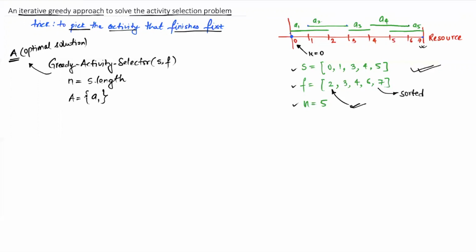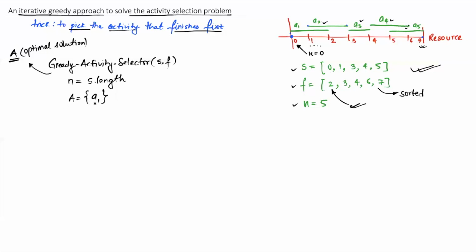Now what we would like to do is scan through all the remaining activities, say for example here A2, A3, A4, A5, and then we try to find the next activity by checking their start times. We know that the activities are already sorted by their finish times, so all we have to do is throw away the activities that overlap or are incompatible with our current activity.